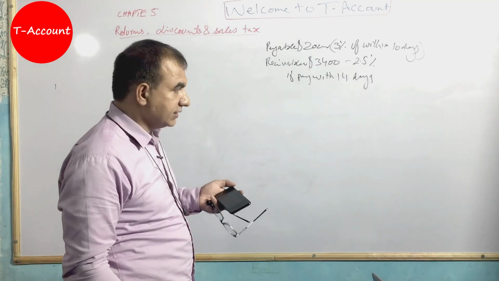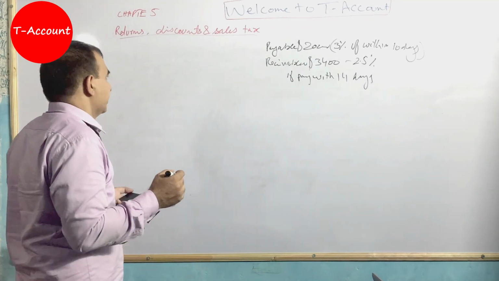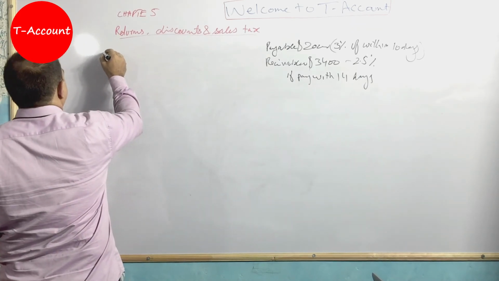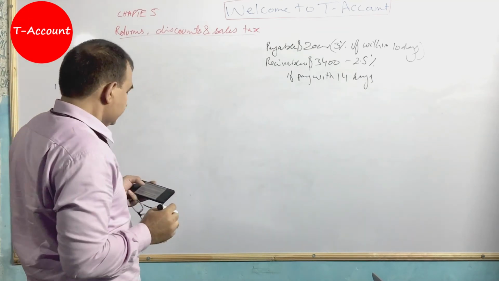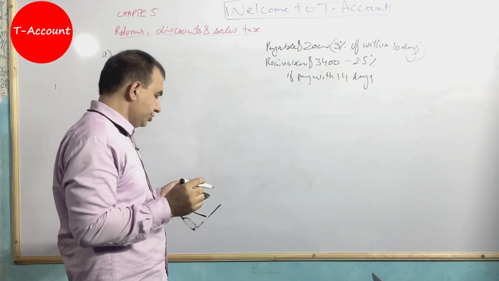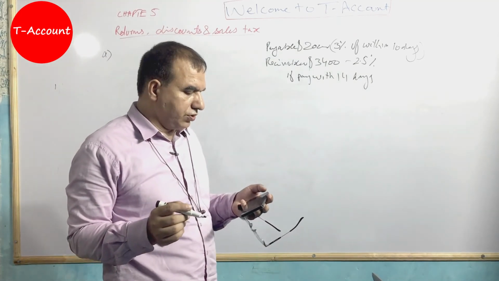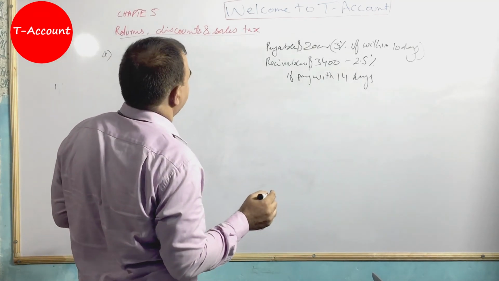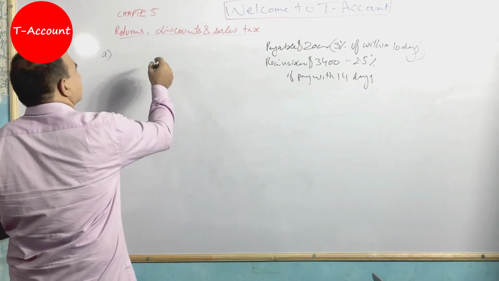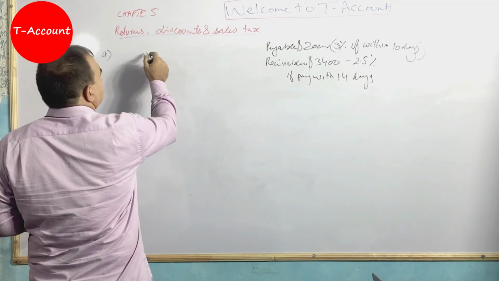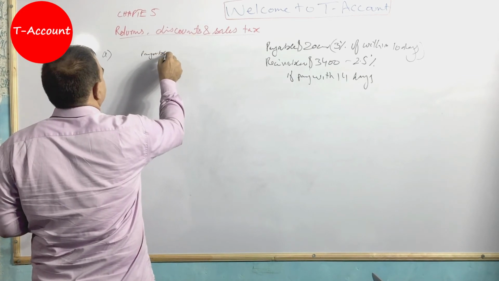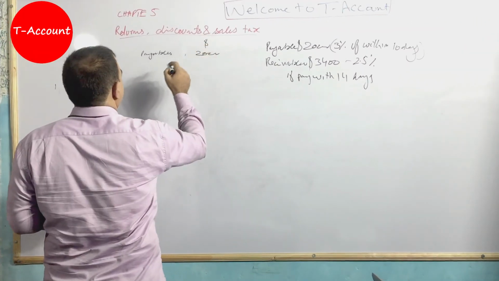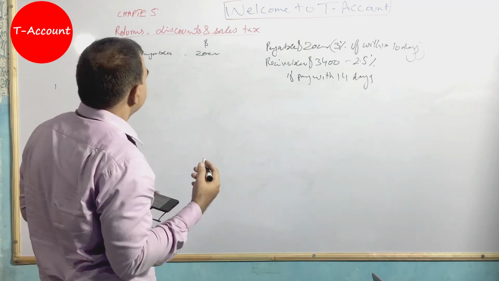This is a purchaser's perspective. Part A: for George, what ledger entries are required to record the payment by George to Herbie? Now, Herbie is his payable, and he had total payables of $2,000, the invoice price.